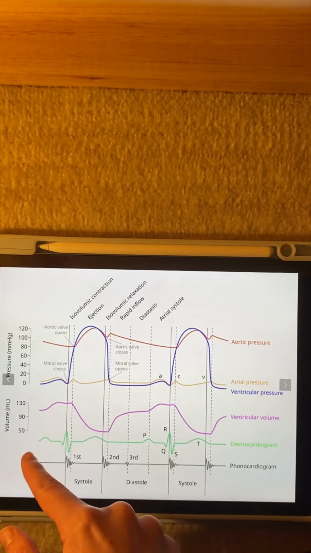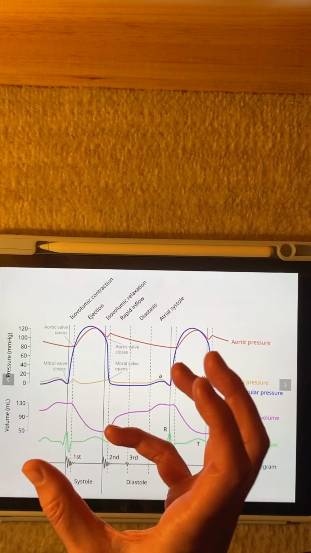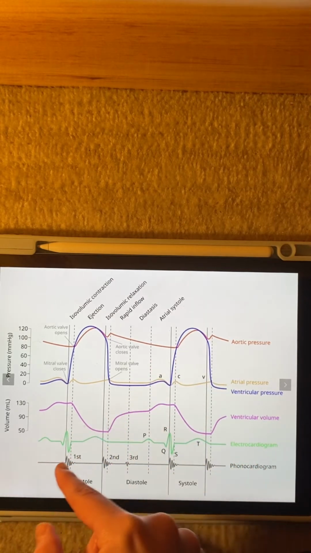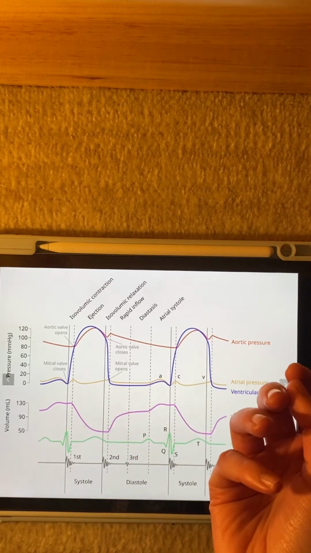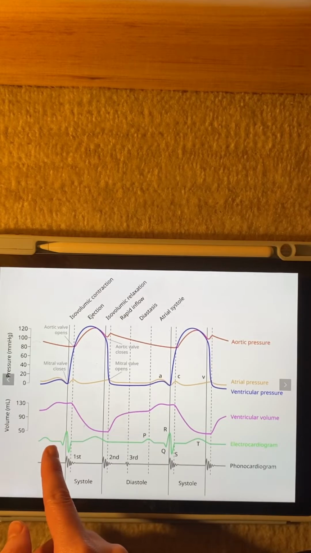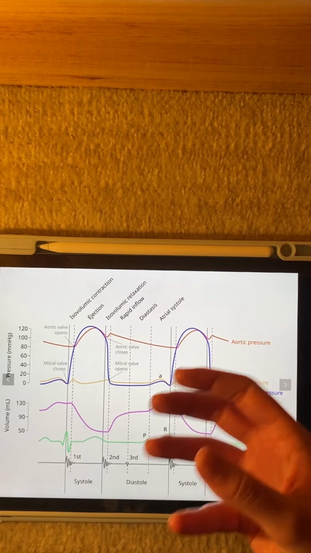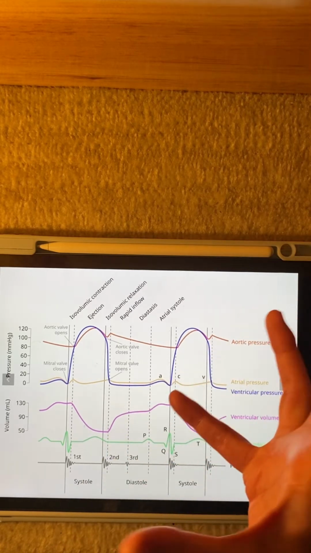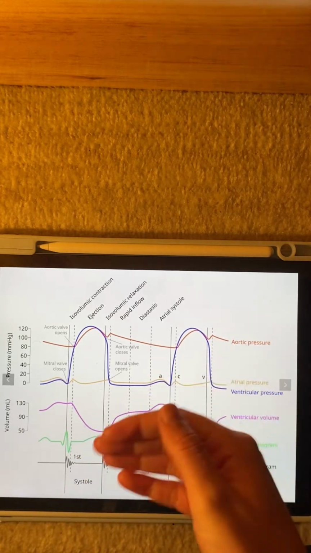Now, at this point, atrial depolarization is going to complete, and that electrical signal is going to hit the AV node. The AV node, we know, has something called AV nodal delay, and we can see that represented right here on this little straight part of our EKG line. What AV nodal delay is there for is to allow for that last little bit of contraction to occur so the ventricles can finish filling.